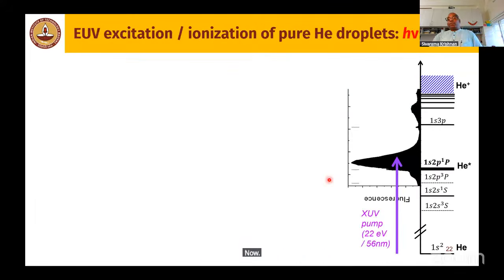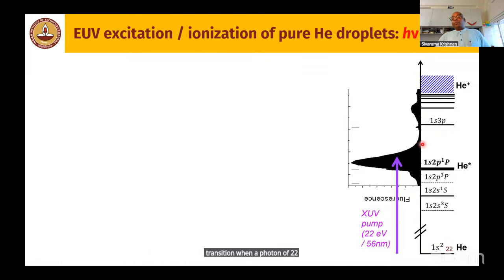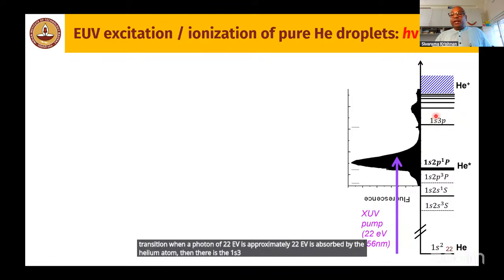Now, helium nanodroplets, when I subject them to these extreme ultraviolet photons, we need to take cognizance of the excitation levels of atomic helium. The ground state of helium is essentially 20 electron volts below the first electric dipole allowed transition, when a photon of approximately 22 eV is absorbed by the helium atom. Then there is the 1s3p, 1s4p, and so on, the entire manifold over here.